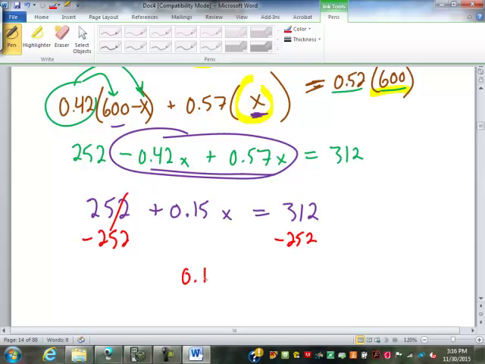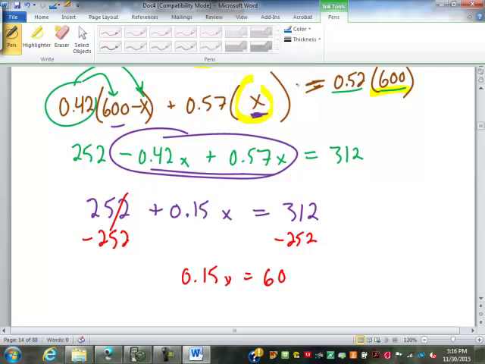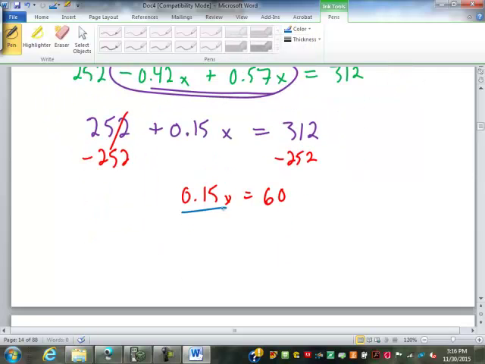So 0.15X equals 60. And then we divide by 0.15, and X equals 400.